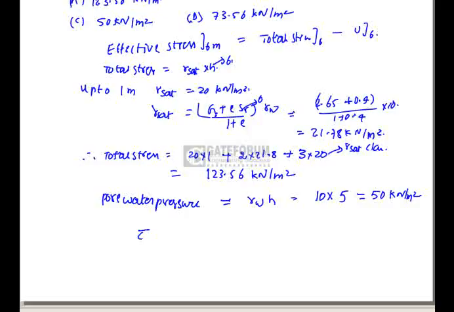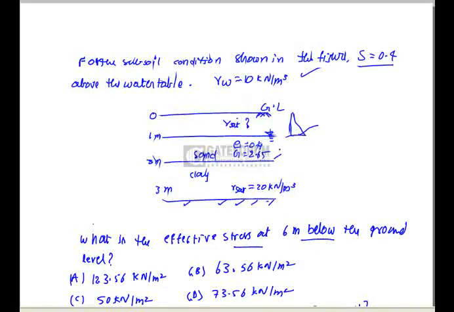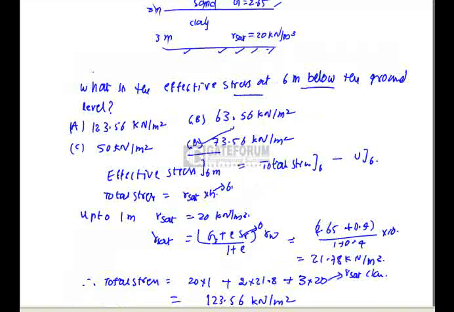So the effective stress sigma prime is equal to total stress sigma minus mu, that is equal to 123.56 minus 50, that implies 73.56 kilonewton per square meter is the effective stress at 6 meters depth as shown in the figure. So option D is correct.